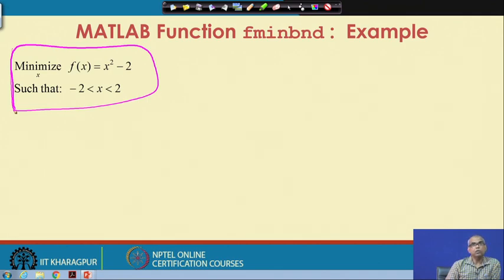You can find out the solution by just looking at the problem. The minimum value that the function will have is when x equal to 0. In that case, the function value will be minus 2.